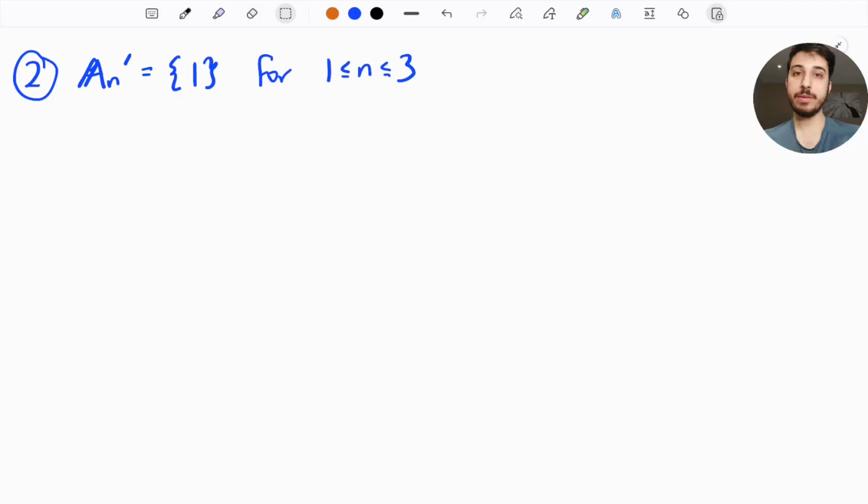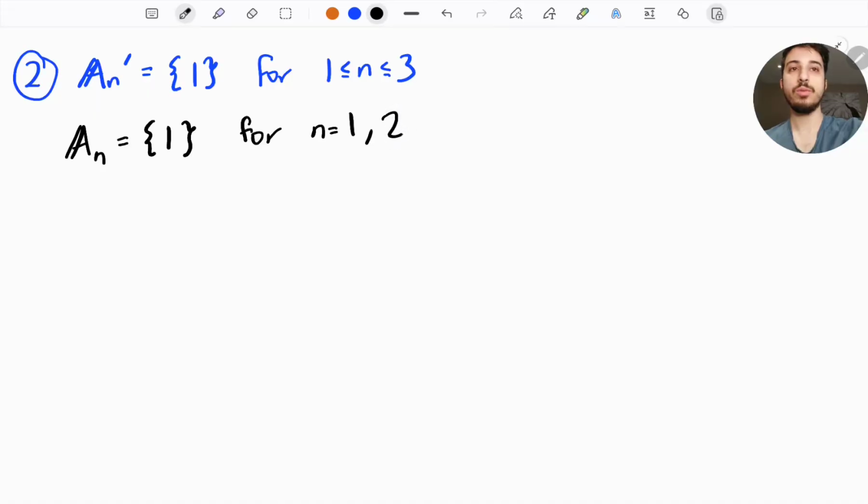The second part of the proof is pretty straightforward. We want to prove that the commutator of An is just the trivial subgroup for n equal to 1, 2, and 3. To do that, let us list what An is for 1, 2, and 3. We know already that An is just the trivial subgroup for n equal to 1 and 2.